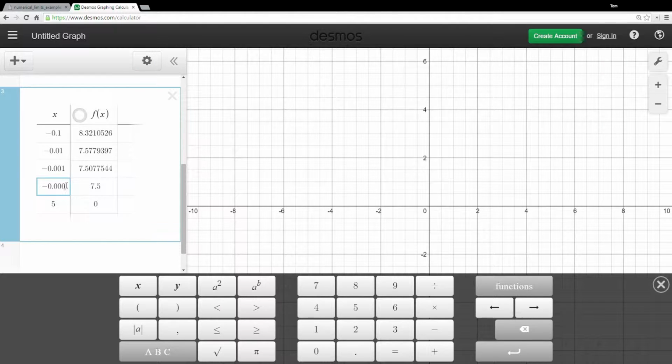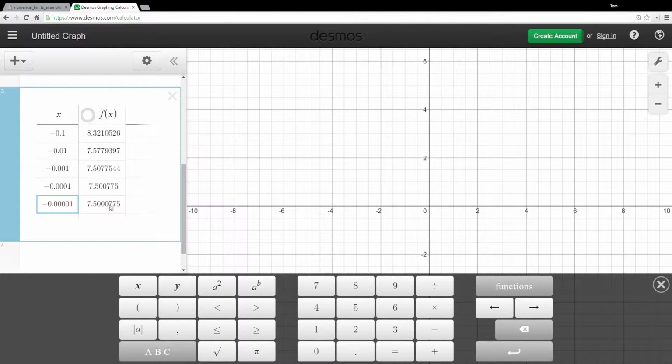Just like before, I'm going to keep adding more zeros. Then take a look at the corresponding y values, and you can see a similar situation to the right-hand side. These numbers are getting closer and closer to 7.5. So the outputs, or y values, are getting closer and closer to 7.5.